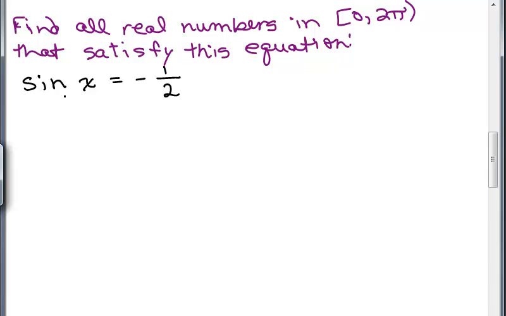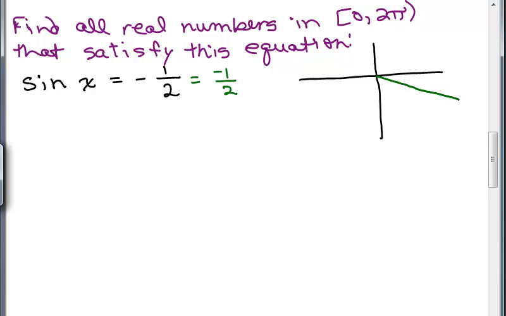So where is the sine going to be negative? Well, that's only going to happen in quadrant 3 and 4. So if I look over here, where would those angles be, or where would the terminal side be, depending on how you like to think about it, where you're going to have a sine of -1/2? And remember that could be thought of as -1/2, where -1 would be the y and 2 would be r.